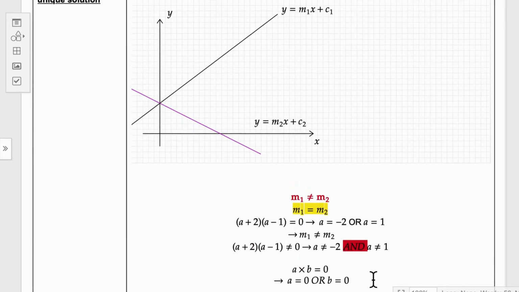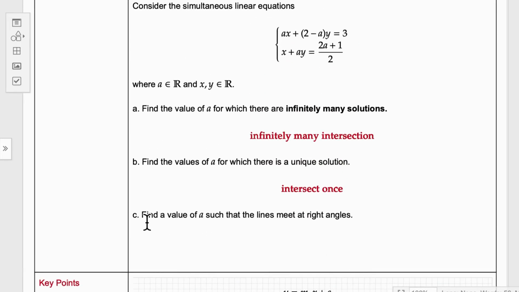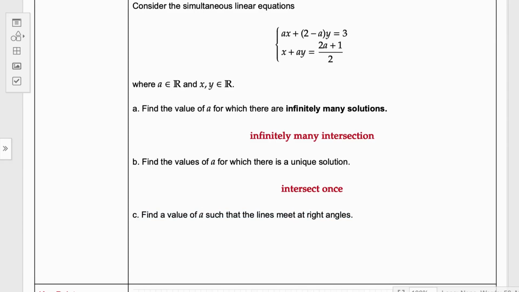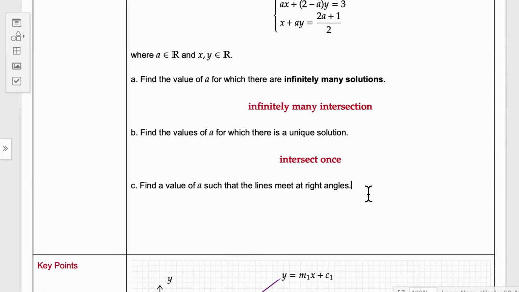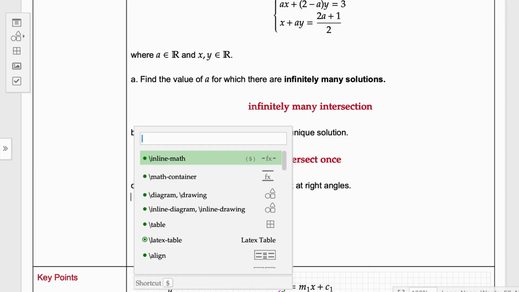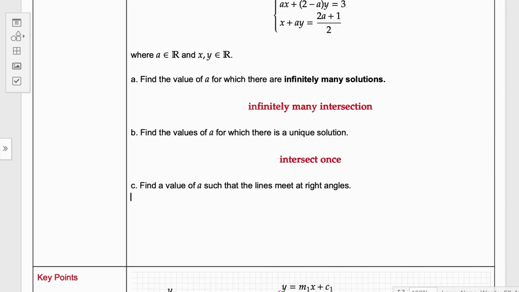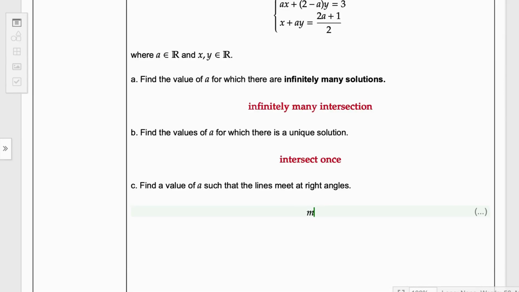All right, now let us go to part C. Find the value of a such that the lines meet at right angle. The key point for this question is, when is it that the two lines will intersect at right angle? Do you know when? It is when the product of their gradients, m1 times m2, will give us -1.